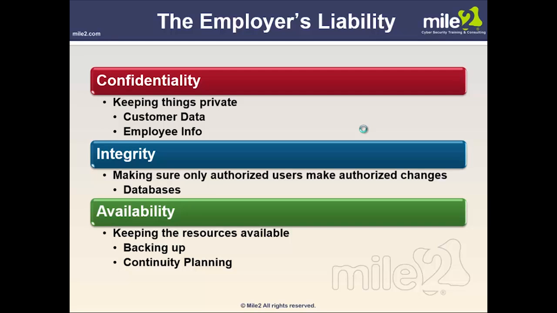And we have availability, which basically says that we keep the resources available by either backing up, having a continuity plan, and so forth. We generally provide availability through the use of clustering or load balancing and such.